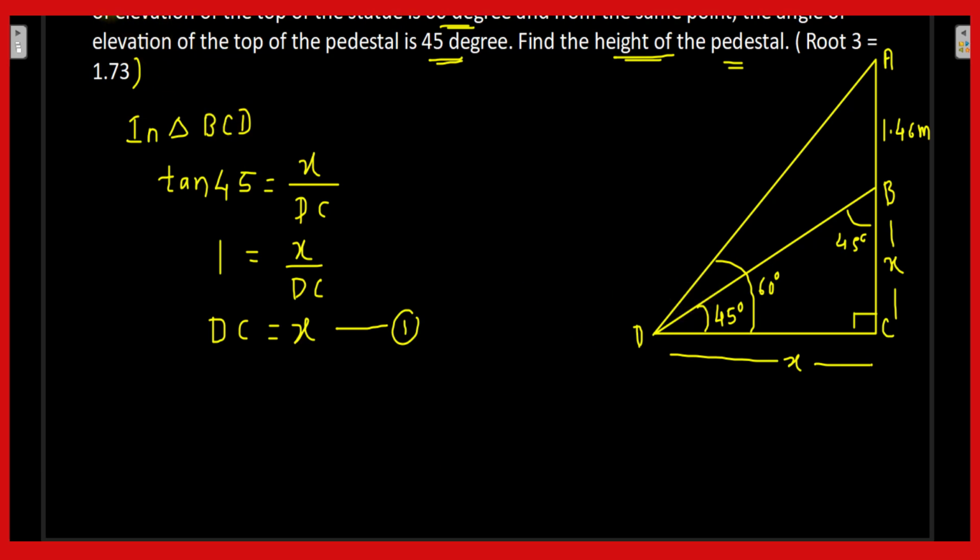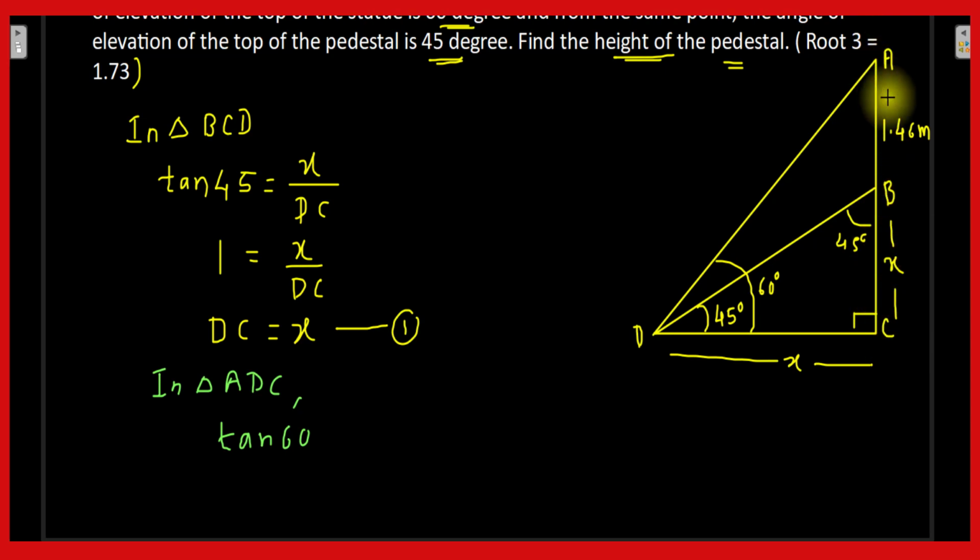Now here we will take another triangle. In the another triangle ADC, we have tan 60, that is equal to opposite upon adjacent. So tan 60 is equal to opposite side, which will be AB plus BC.